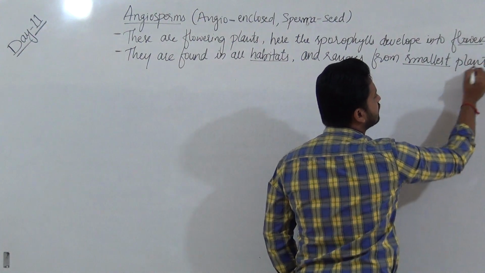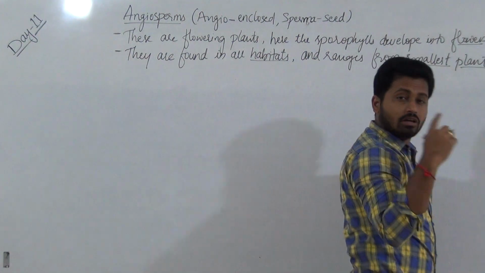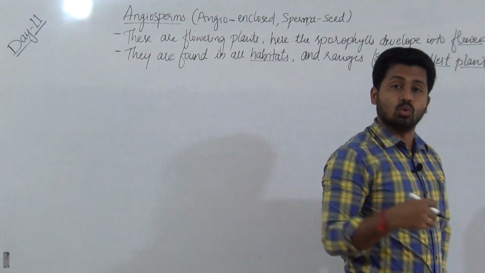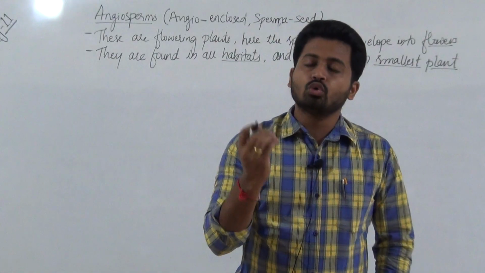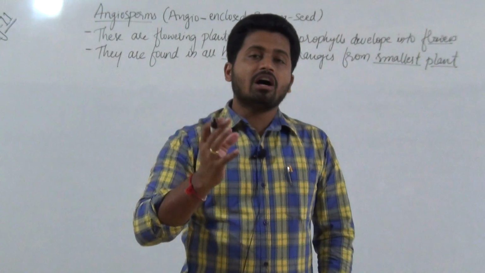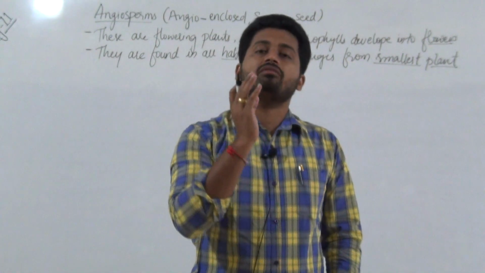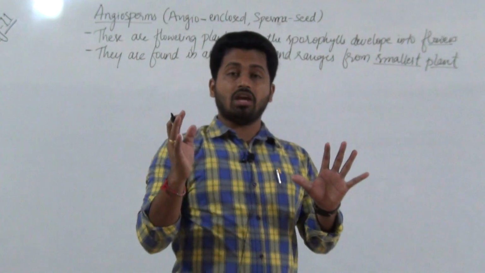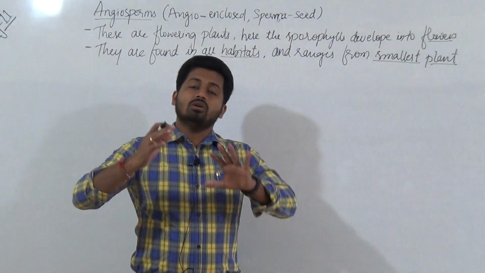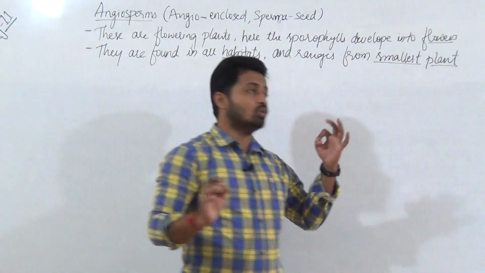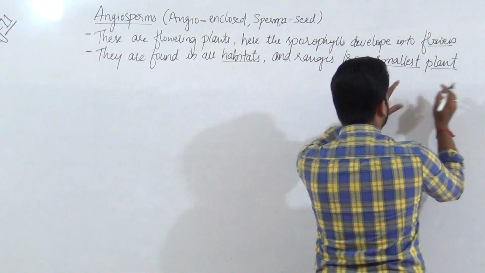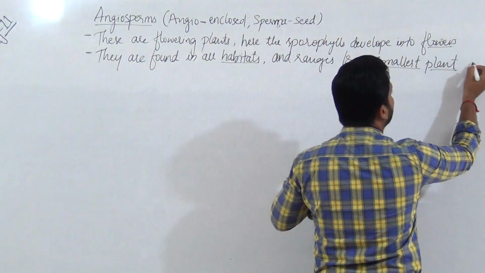This is asked for 1 mark: the smallest plant is an angiosperm, even though it has flowers. True roots are present, stems are present, branches are present, flowers are present, leaves are present.